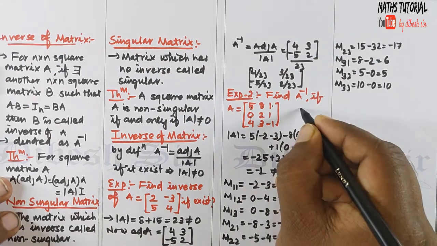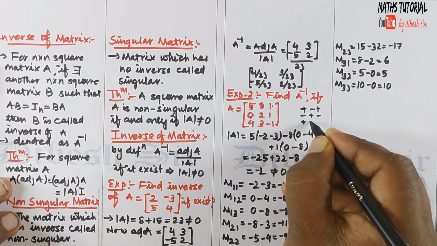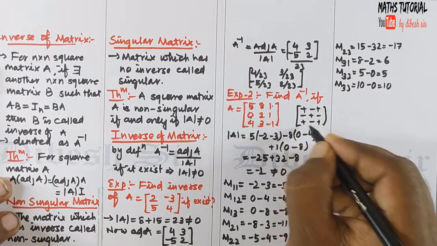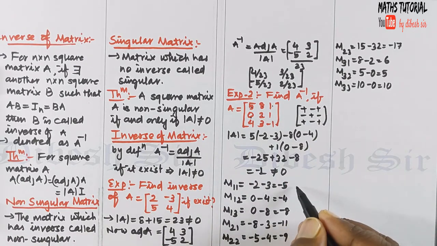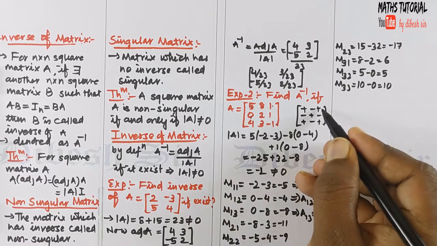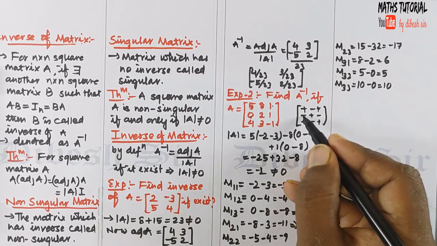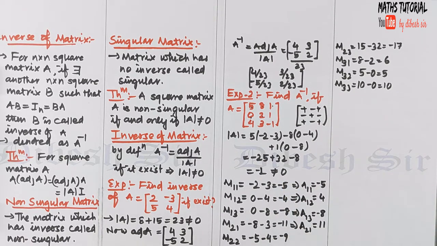Using sign scheme, that is plus, minus, plus, minus, plus, minus, plus, minus, plus. Remember that? Plus, minus 5. That is A11 is equal to minus 5. Next A12 is equal to minus, minus, plus 4. A13 is equal to plus, minus 8. That is minus 8. A21 is equal to minus, minus, plus 11.